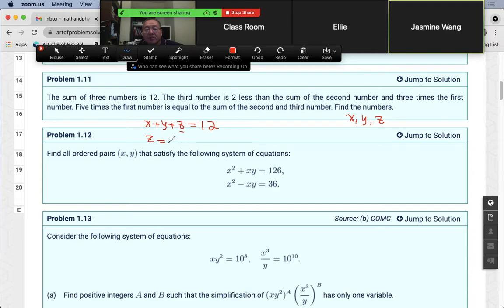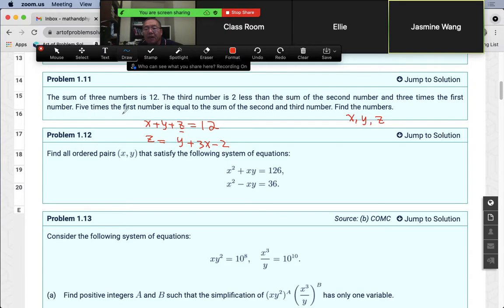So that means z equals the sum of the second number, that's y, and 3 times the first number, that's 3x, and it's 2 less, so that means minus 2, right? z equals y plus 3x minus 2. So that's 2 less than the sum of the second number and 3 times the first number.